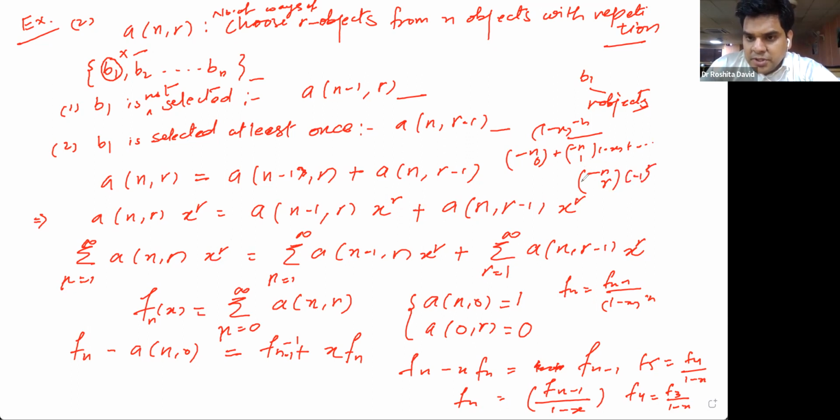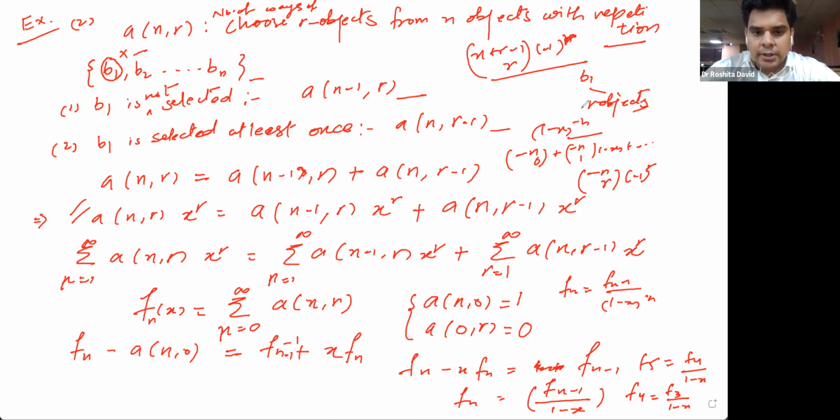I have shown you the formula: n plus r minus 1 choose r, with negative 1 to the power r, not n. So this is going to be your answer for this recurrence, the coefficient of x to the power r in this expansion.